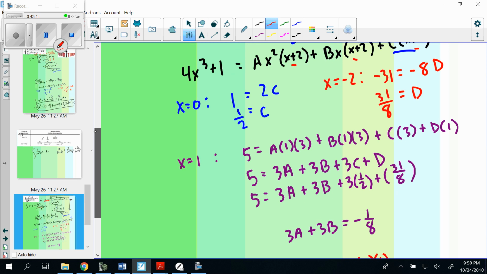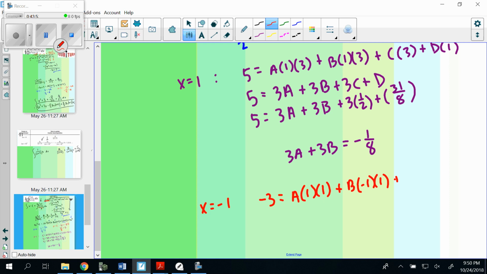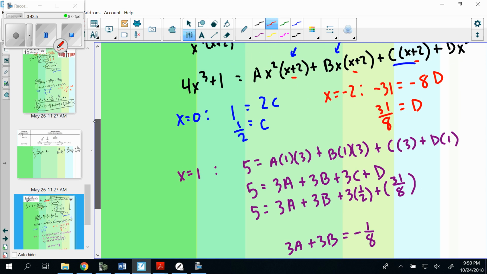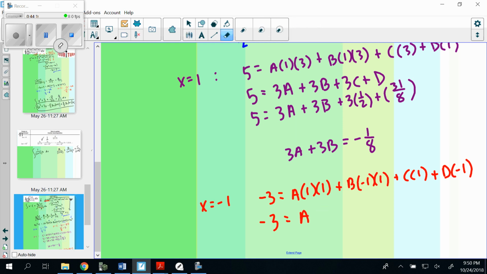Doing it into the next one, we just have C times 1. And if we did it on the last one, negative 1 cubed is negative 1, so we'd have B times negative 1. Okay, so going through, this equation would turn into, this should be minus B.